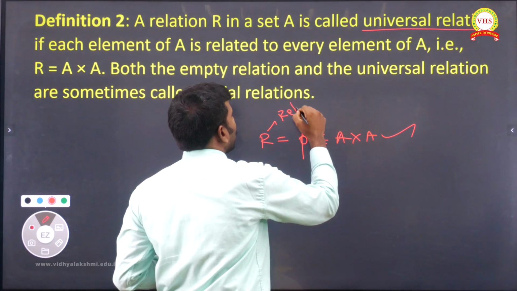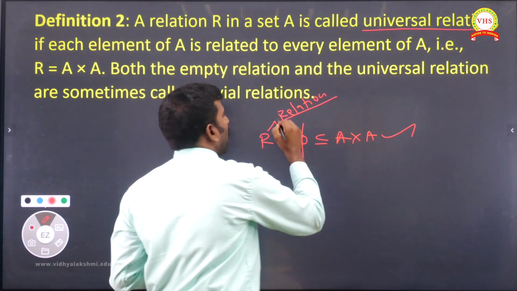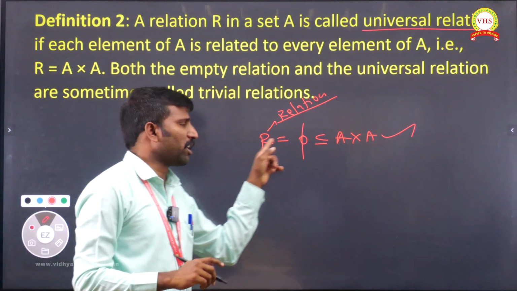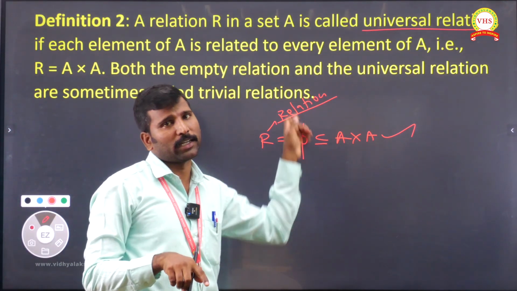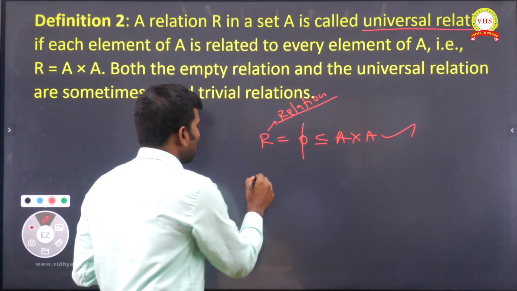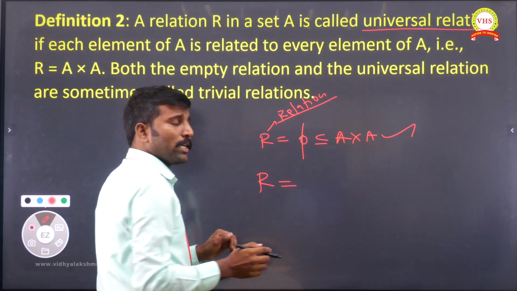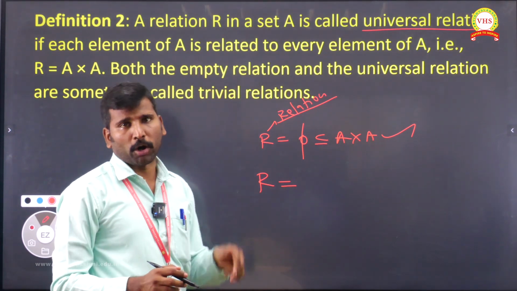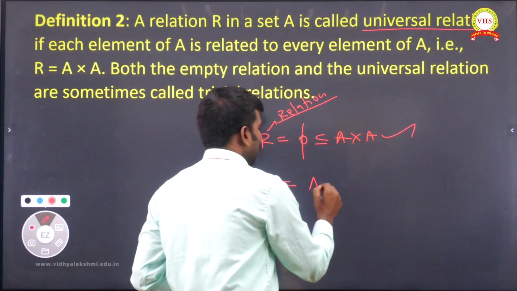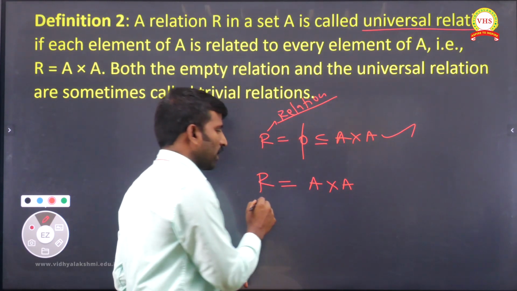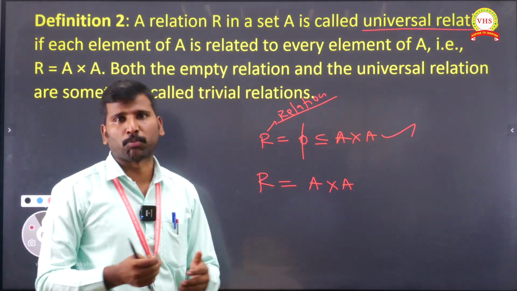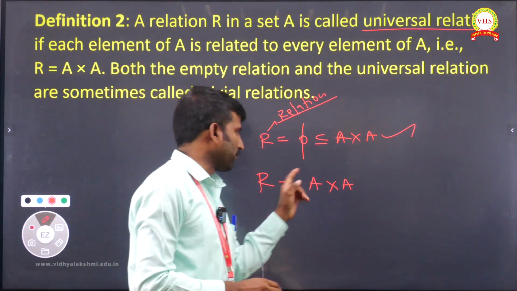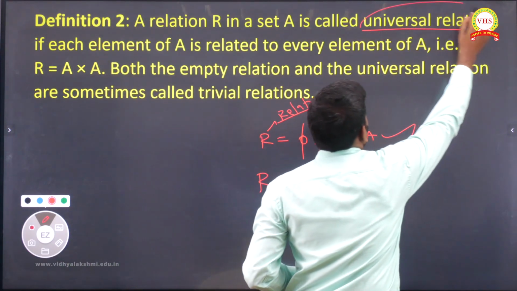If the relation is empty, then it's called the empty relation. One more thing: if R is equal to the whole Cartesian product, that is A cross A, that is what we can say is a universal relation.